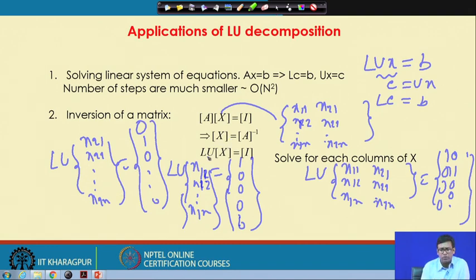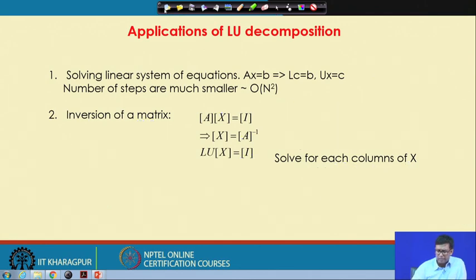We solve n systems of equations like n matrix equations LUx = identity and get each column of X. Finally, we get all the columns of X, and the combination of all the columns will give me A inverse.